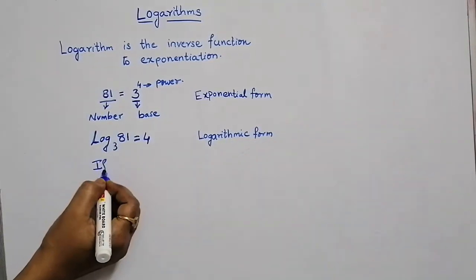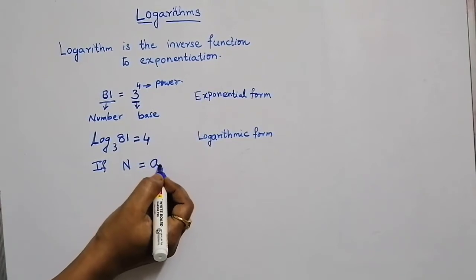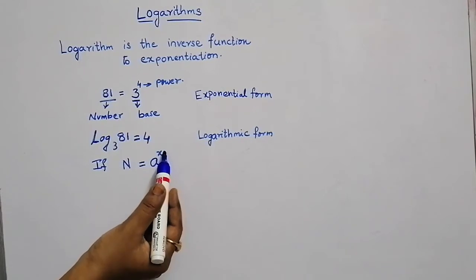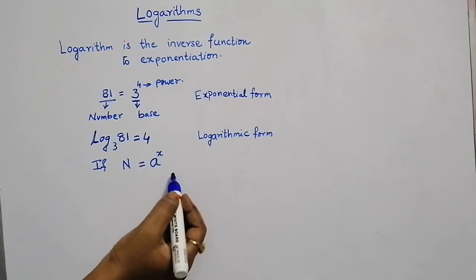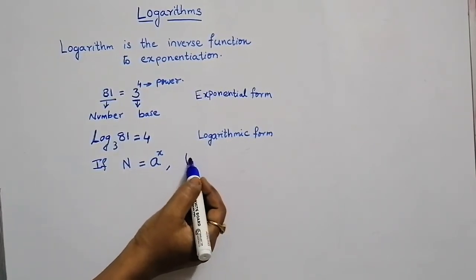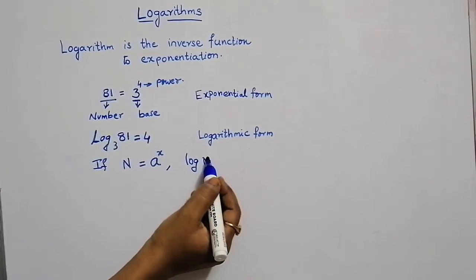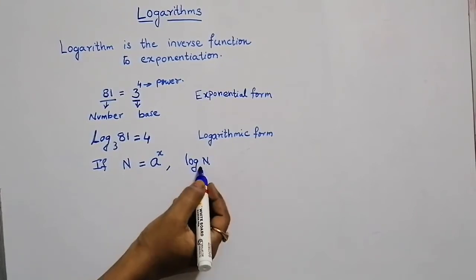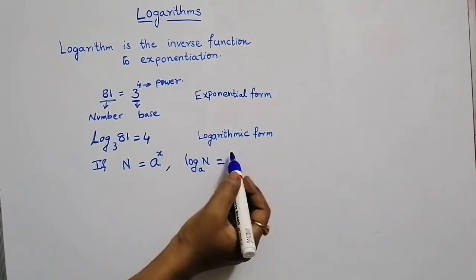If we have a number N is equal to a power x, this is our number N, a is the base here, and x is the power. This is our exponential form. Then we can write this in the form of a log function, that is log of our number N to the base a is equal to x, the power.